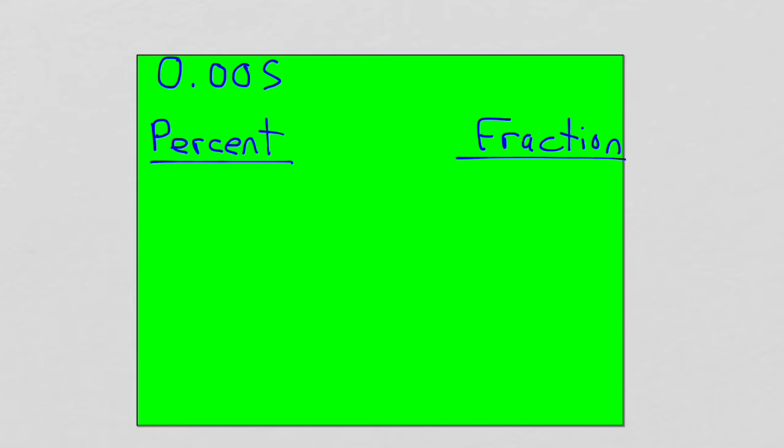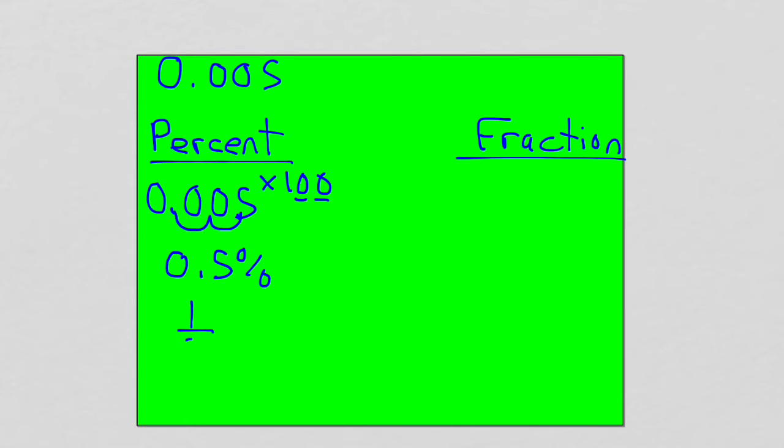The percent, always take that decimal and multiply by 100, which shifts the decimal 1, 2. And that's going to give you 0 and 0.5%. Or you could just say that's 0.5%.